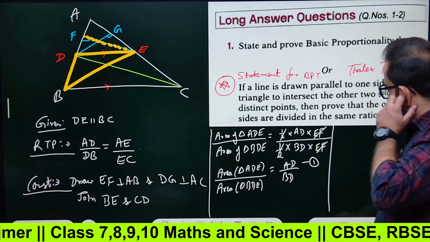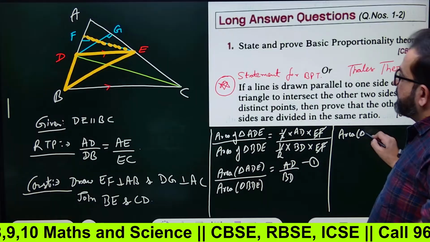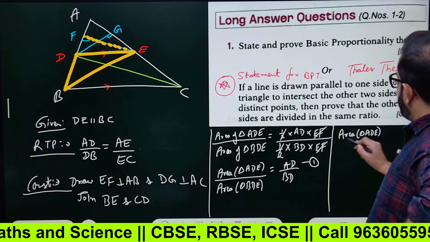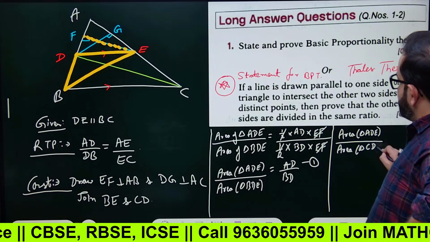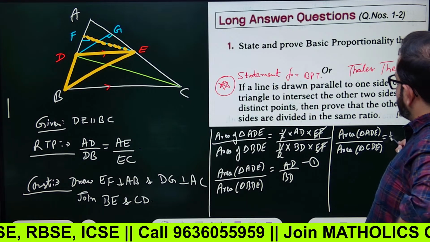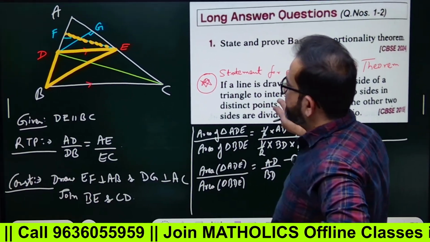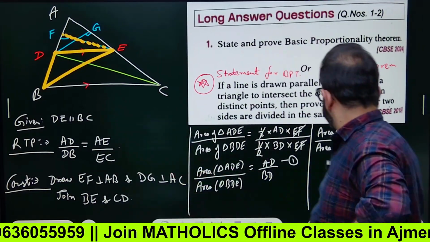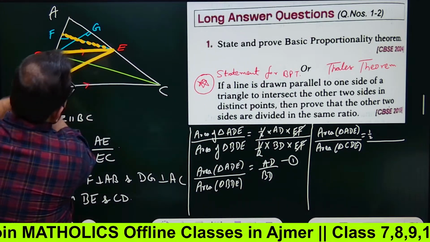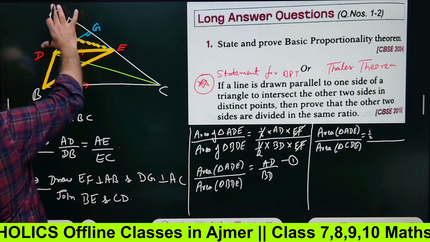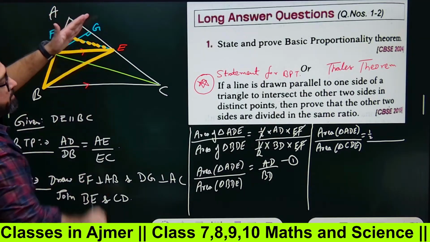Similarly, can I write area of triangle ADE upon area of triangle CDE is equal to half into base into height upon half into base into height. Now we are seeing this triangle ADE like this, so AE will be the base and DG will be the height.